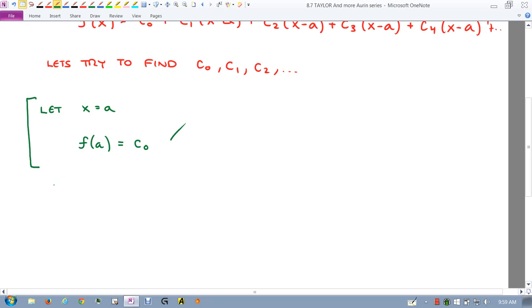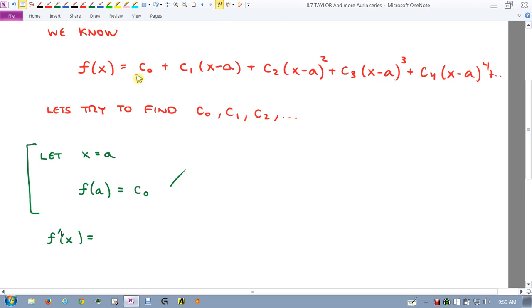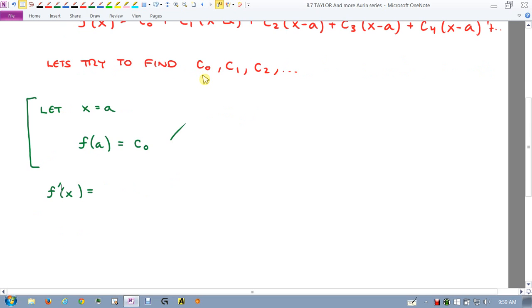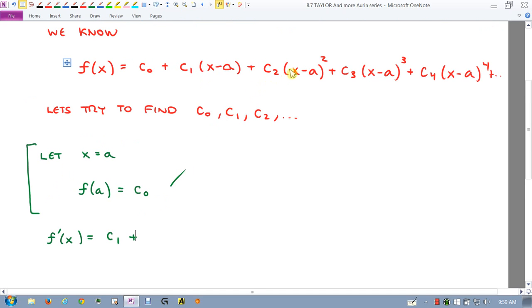How about this? What is f prime of x? Tell me what the derivative of this up here is. What's the derivative of this? So what happens to this constant? Goes away. What's the derivative of this? C1, and that's it? Plus, okay, now let's pay attention to this one.